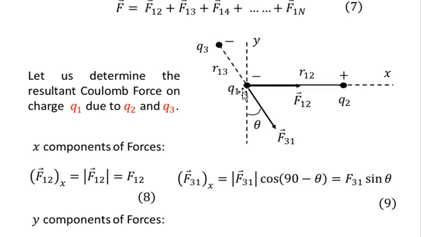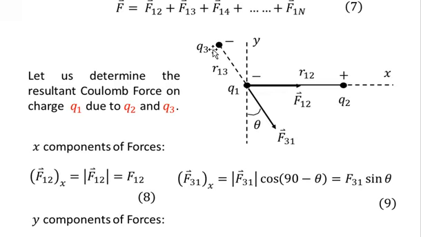Both forces, that is the force Q1 exerts on Q3 and the force Q3 exerts on Q1, will be equal in magnitude but opposite in direction. So the force exerted by Q3 on Q1 is shown by the direction of the force F31, which makes an angle theta with the minus y direction.